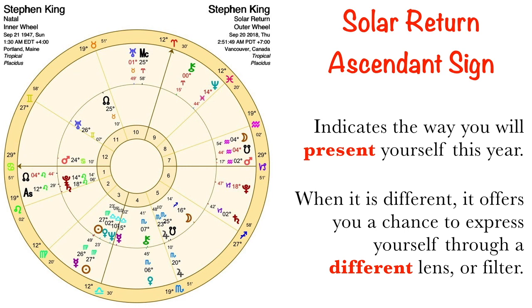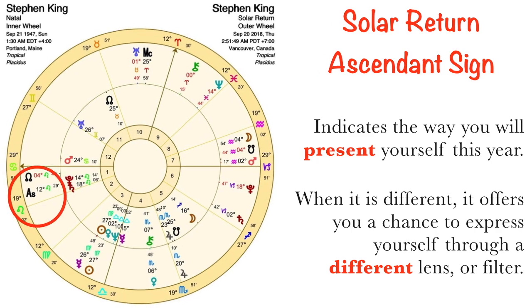So in his case, he natally has a Cancer ascendant, and this year he's got a Leo ascendant in his solar return chart. So it's a way for him to present himself through a different lens or filter during the course of this year, and he can definitely tap into those Leo energies and be perhaps more creative, outgoing, and dare I say pushy, rather than the Cancerian, which is a different mood altogether.